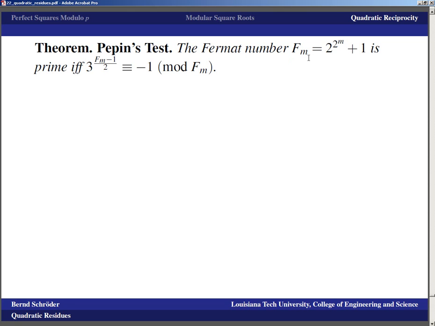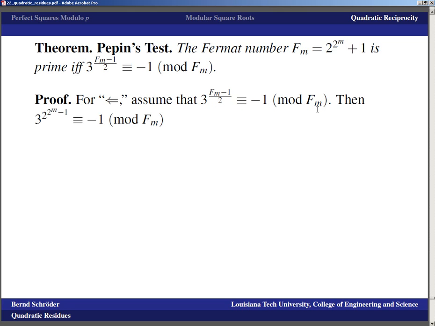Okay, the Fermat number F_m is 2 to the 2 to the m plus 1, and that thing is prime if and only if 3 to the (F_m minus 1) over 2 is equivalent to 1 modulo F_m. How do we do that? Well, for the right to left direction, we assume that 3 to the (F_m minus 1) over 2 is equivalent to 1 modulo F_m.